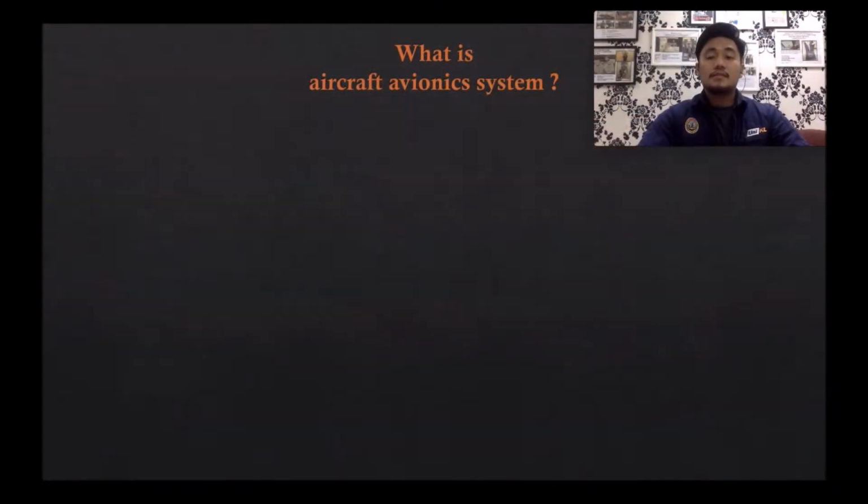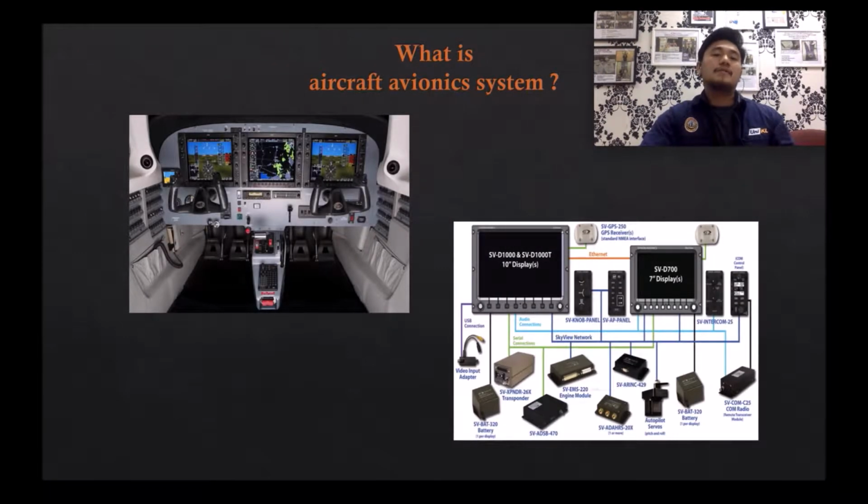So what is an aircraft avionics system? An aircraft avionics system is an electronic system used on an aircraft, artificial satellites, and spacecraft. Avionics systems include the communication, navigation, display, and management of multiple systems, and the hundreds of systems that are fitted to aircraft to perform individual functions.